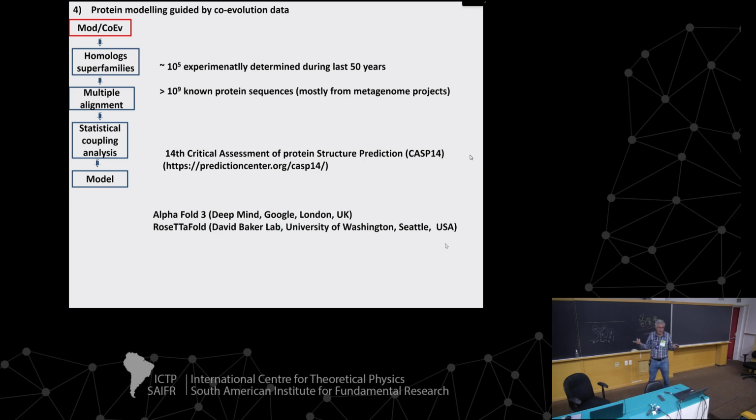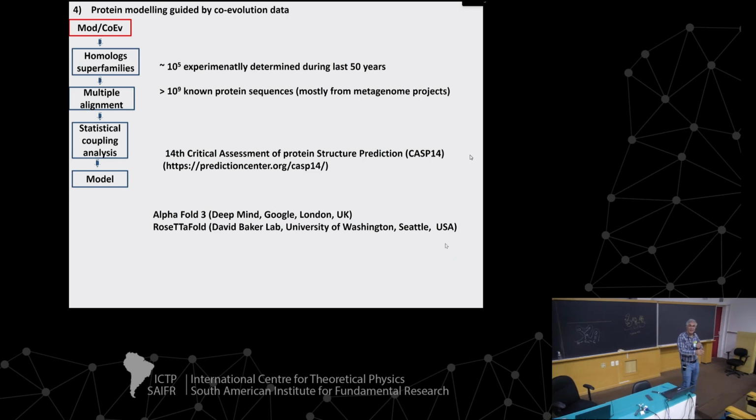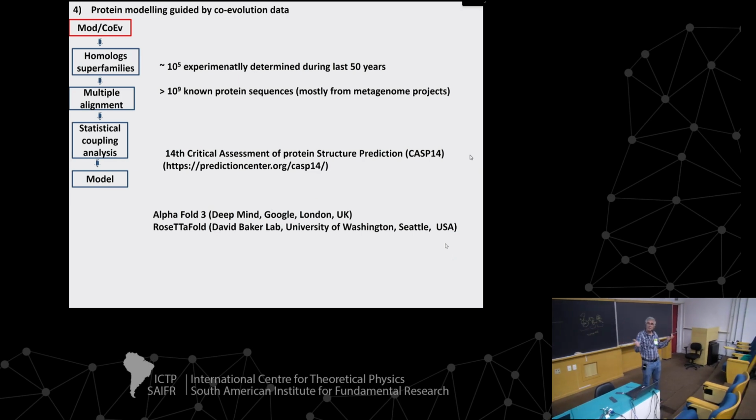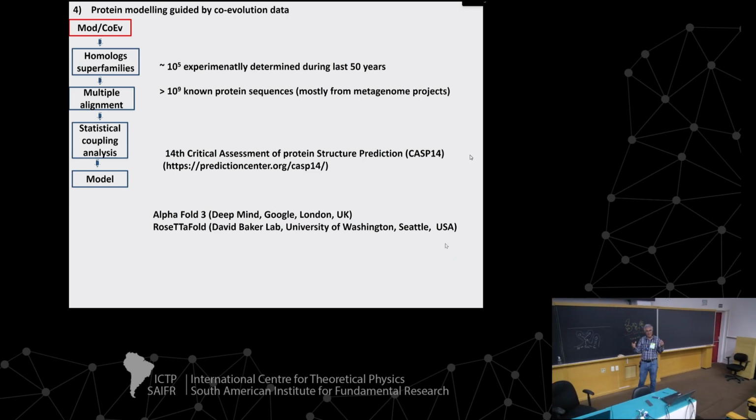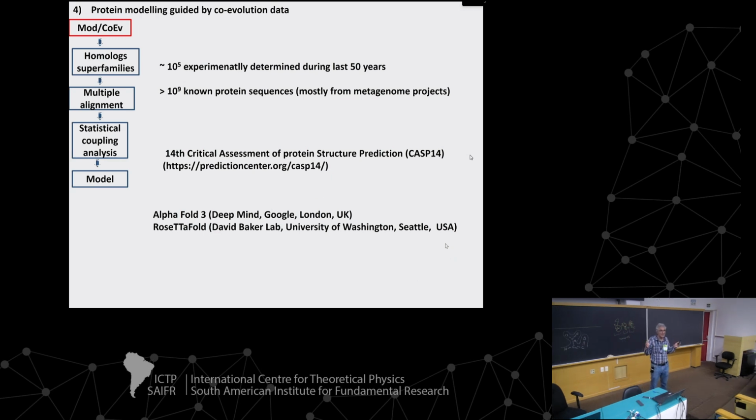Until maybe 10 years ago, this was not very successful. It was getting to be good for small proteins, up to say 80 amino acids, but it wasn't very good for bigger proteins, and even for some small proteins. The success rate was not very satisfying.